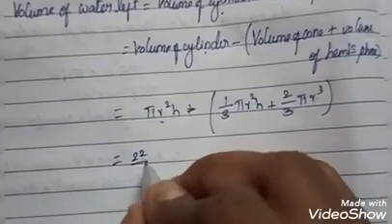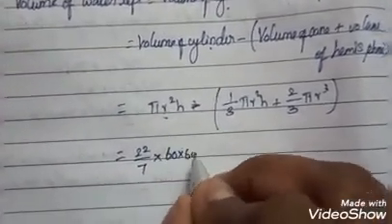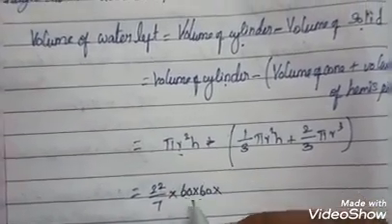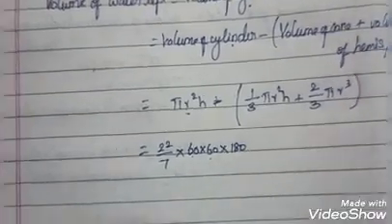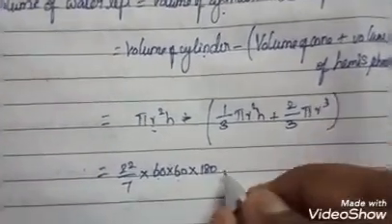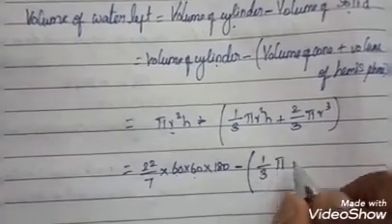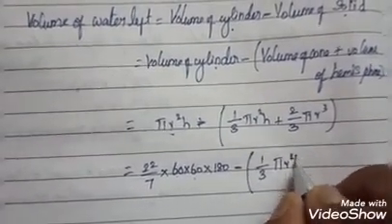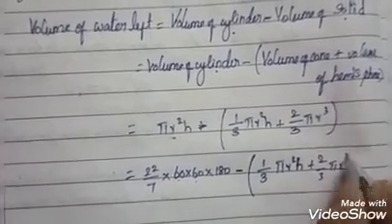So 22/7 into r square, which is 60 into 60, and height 180, minus 1/3 pi r square h plus 2/3 pi r cube.